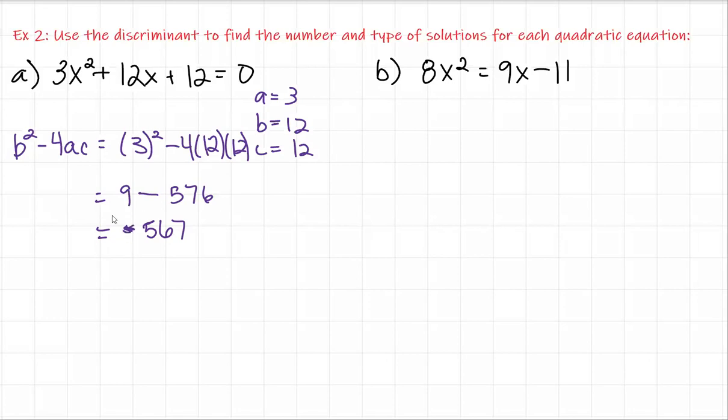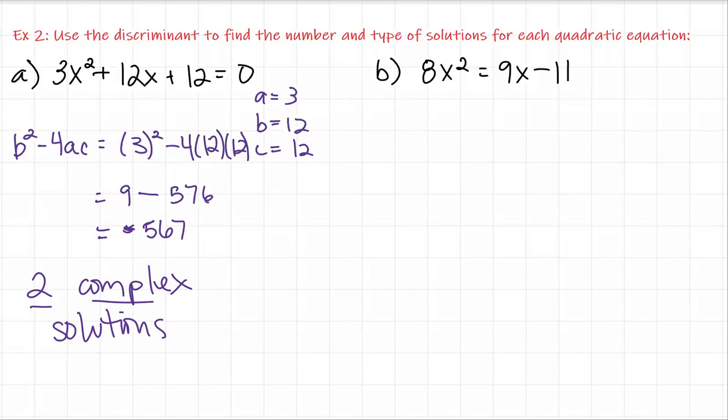Because it's negative, we have 2 complex solutions. I need the number and the type: 2 complex.